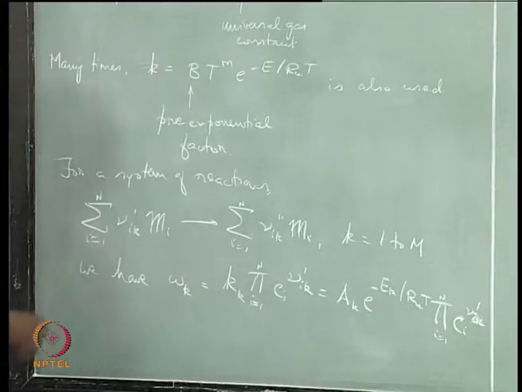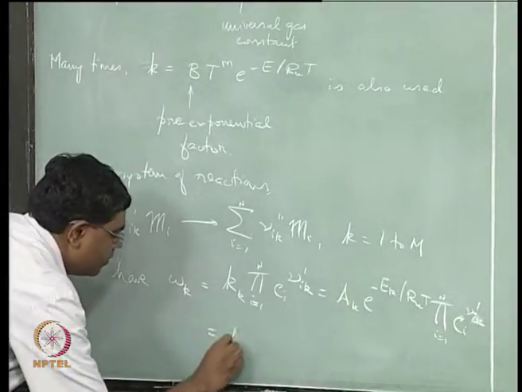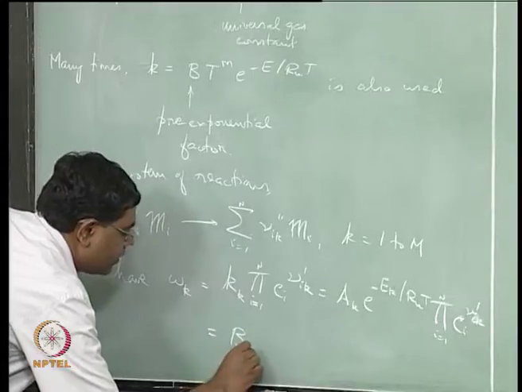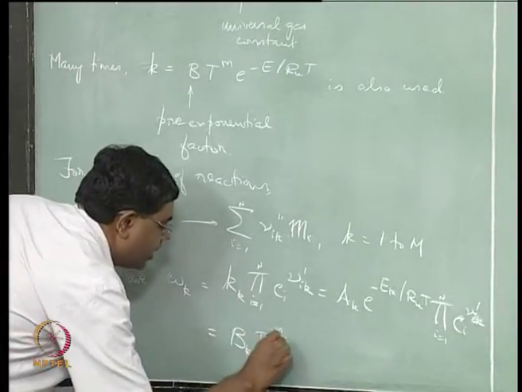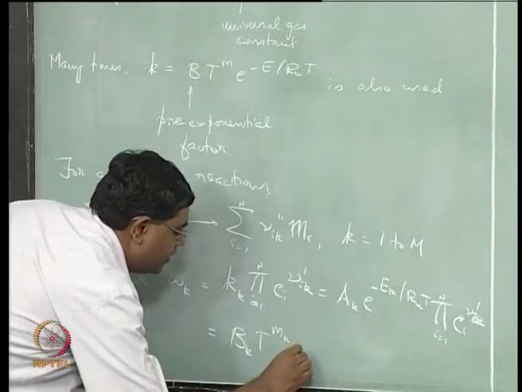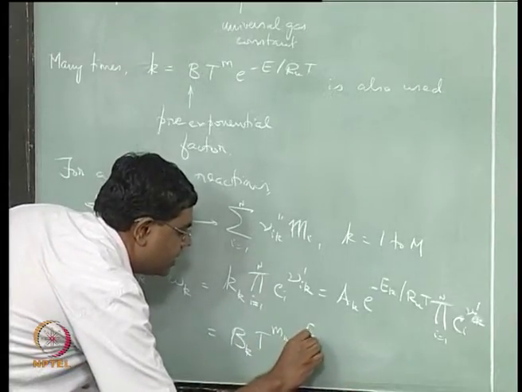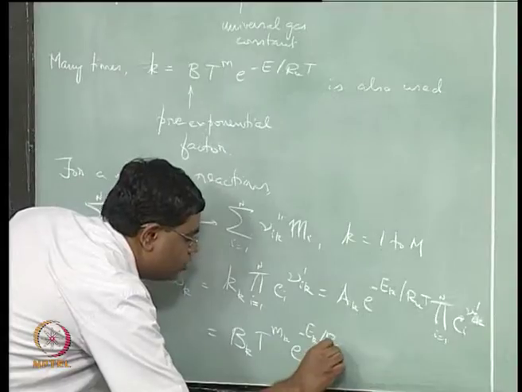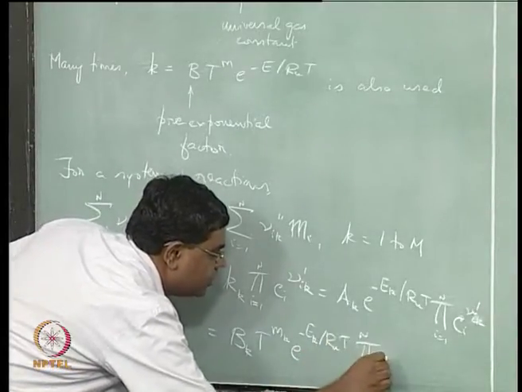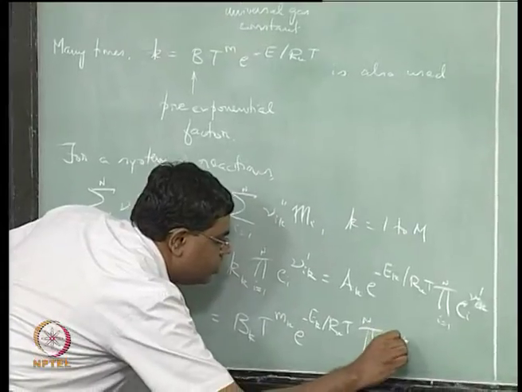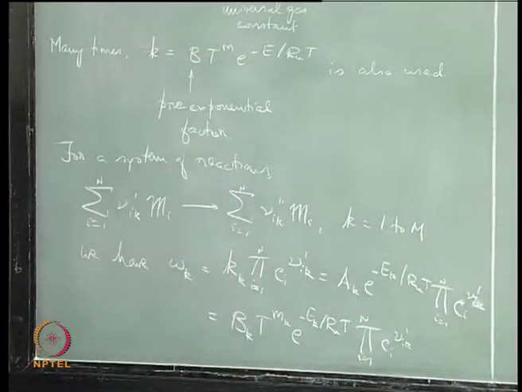Well, if you want to do one more, B_k T to the m_k e to the minus E_k over R_u T, product over i equals 1 to n of c_i to the nu_ik single prime.